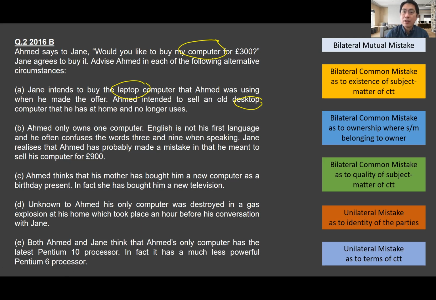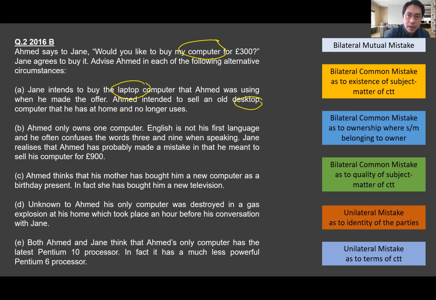Now, where it's a bilateral mistake, you can now see that there are these 4 categories of bilateral mistake. It could be mutual. It could be as to existence. It could be as to ownership or as to quality. So in part A, one party is buying a laptop, the other party is selling a desktop. What bilateral mistake would this be?